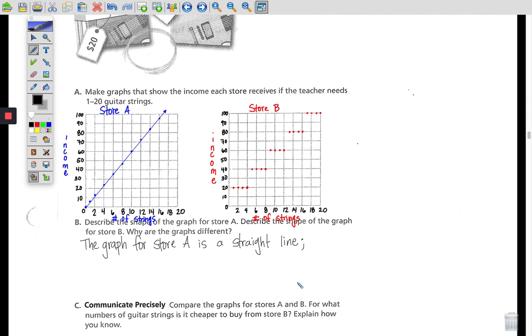It's not a straight line, it jumps between flat sections because of the packaging deal. And then why are the graphs different? So they are different because store B sells by packages and store A sells them individually.